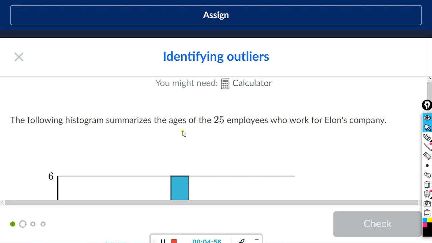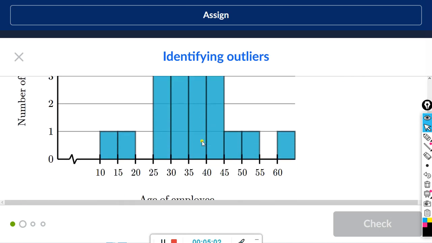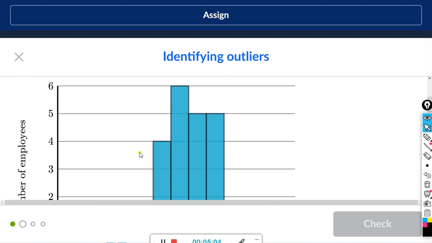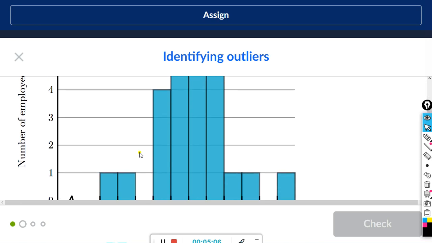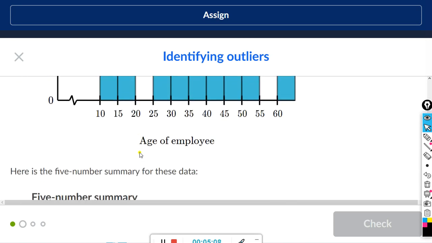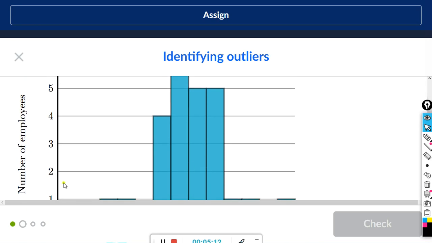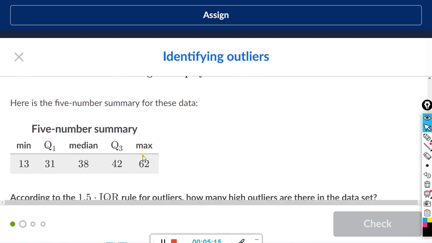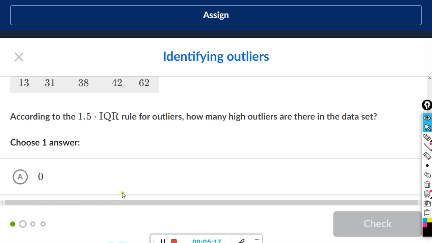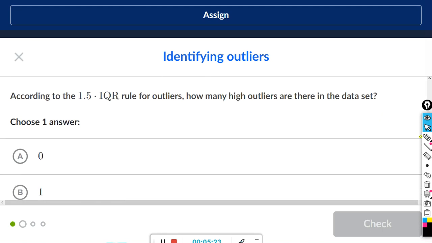The following histogram summarizes the ages of the 25 employees who work for Elon's company. Here's your histogram. These are the ages of the employees versus the number of employees, and they give us the 5-number summary. According to the rule for outliers, how many high outliers are there in the data set?